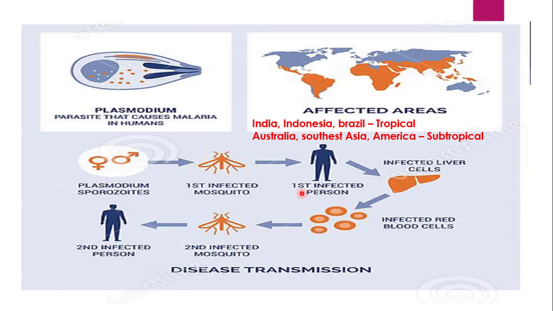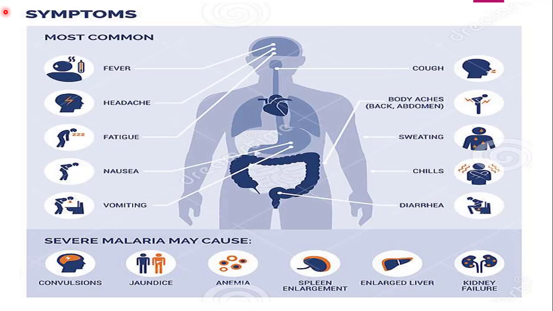Then coming to the next part, terminology includes the definition along with the symptoms. These are a few of the symptoms. The most common symptoms are fever, headache, fatigue, nausea, vomiting, which are self-explanatory terms. From the images you can very well know the meanings of these terms.